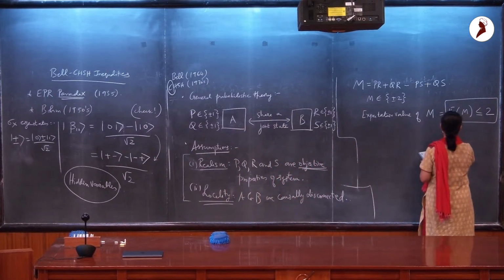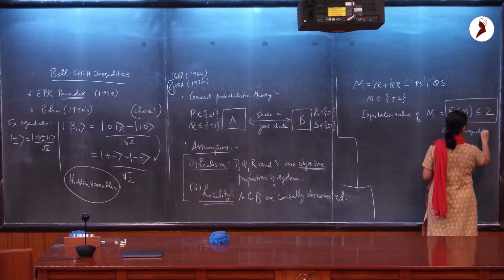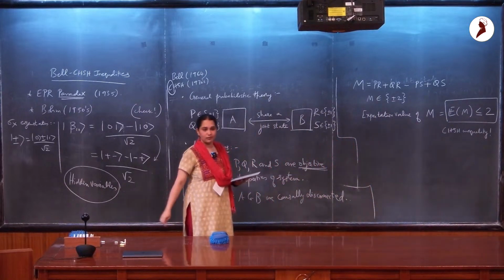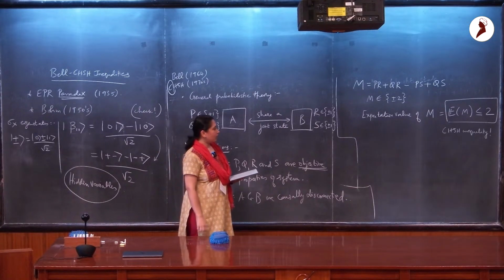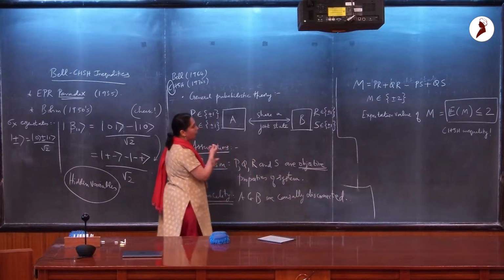This is the so-called CHSH inequality. Now, what has gone into this?